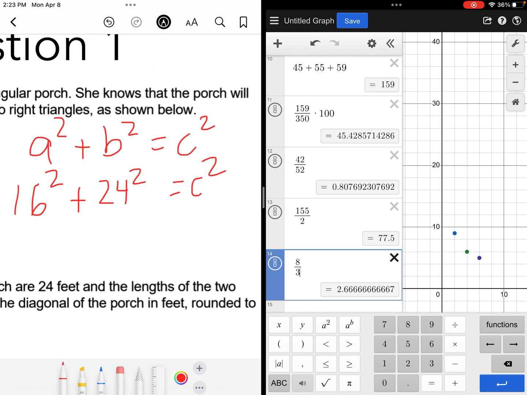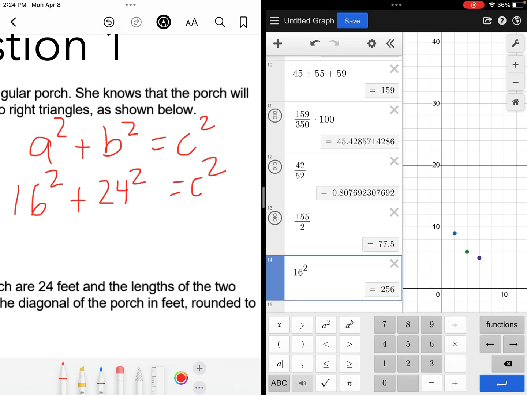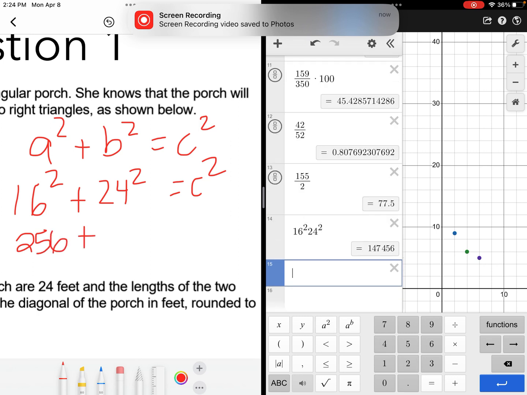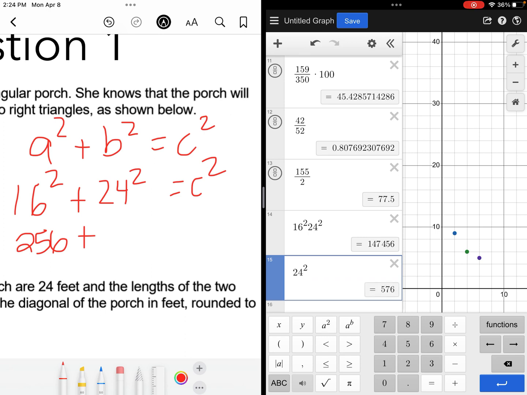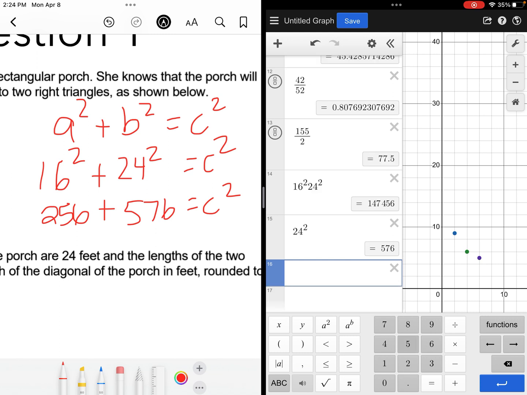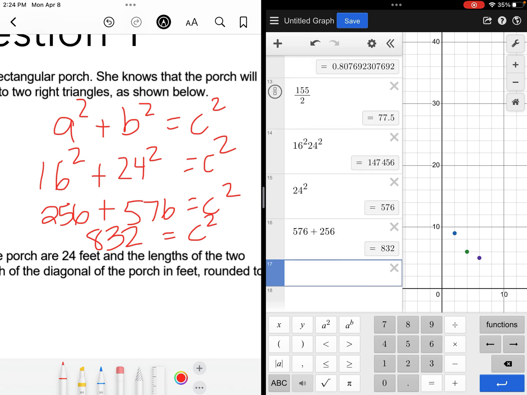So I know I have 256 plus 576 equals c squared. So I'm going to add these together, and I get 832. And I'm going to square root that.